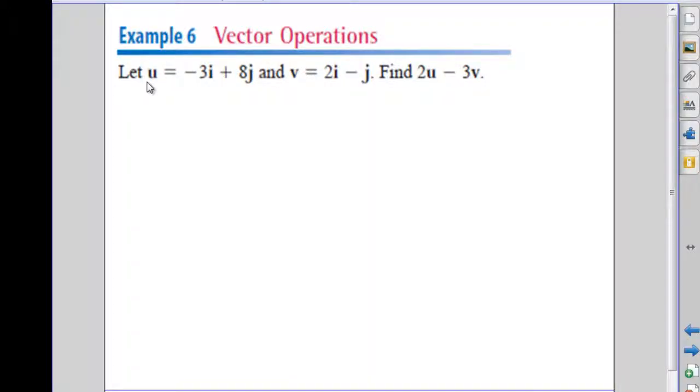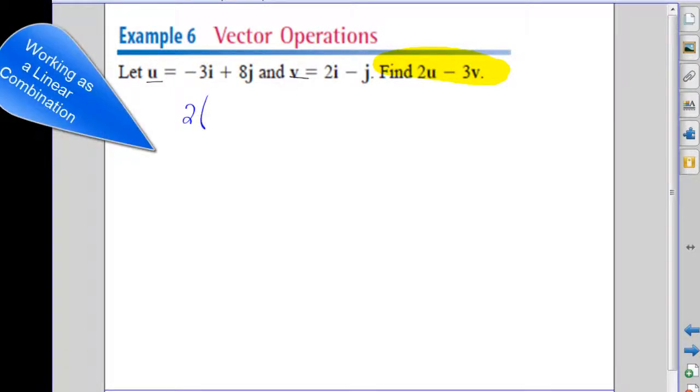In example 6, we're given vector u and vector v, and asked to find the difference 2u minus 3v. Now the problem is given to us as a linear combination, so I see no reason to convert it into component form. So let's just plug in values. 2 times vector u is -3i plus 8j, minus 3v, so 2i minus j.